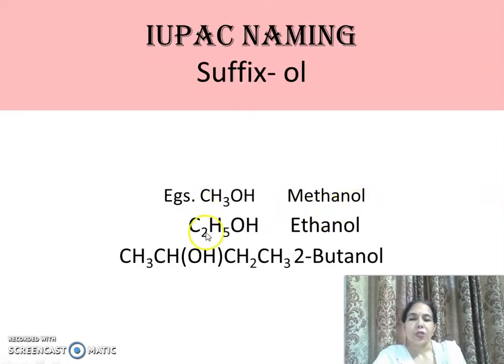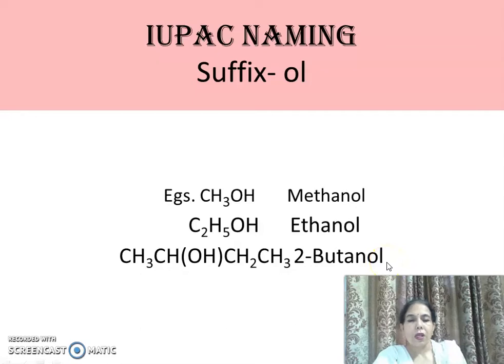Similarly, C2H5OH is ethanol because there are 2 carbons, therefore it is eth, due to single bonds ane, and due to the OH group, OL is added at the end. So C2H5OH is ethanol. Similarly, if we take this molecule, CH3CHOHCH2CH3, in this 4 carbons are present, therefore the word root is but, all are single bonds, therefore ane, and due to the OH group, ol.